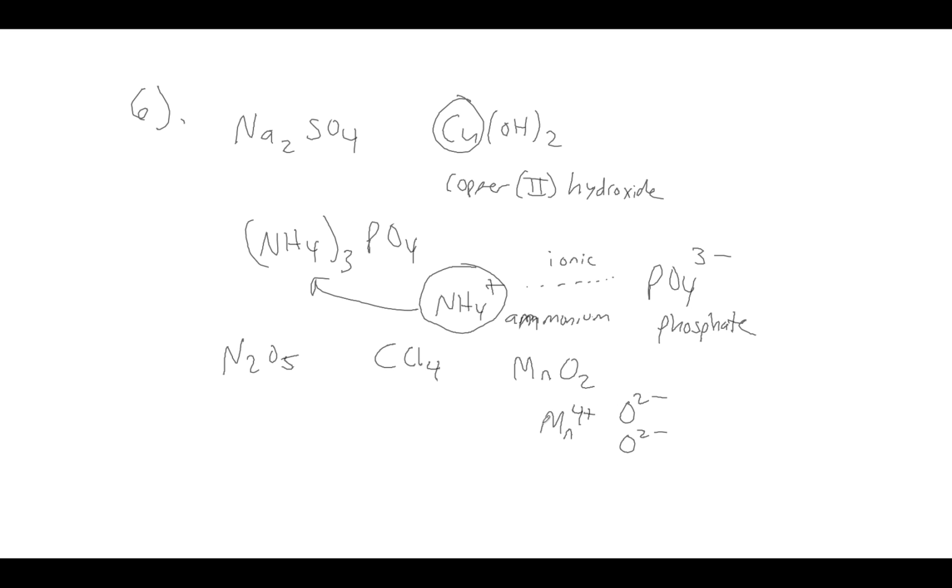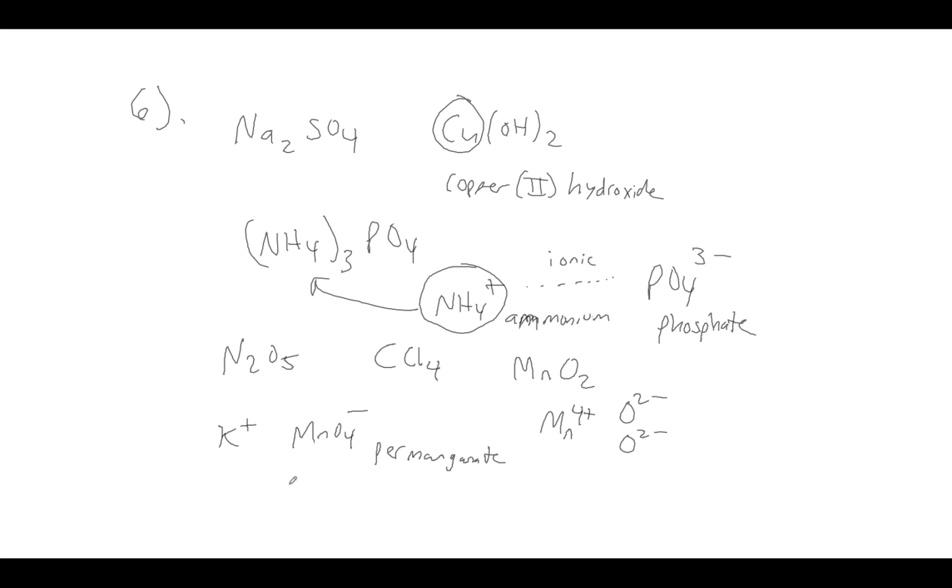Okay. And then for Y, we have KMnO4. KMnO4 involves an interesting polyatomic ion, which is the permanganate ion. MnO4 minus is the permanganate anion. And then you have a K plus, and this is potassium permanganate.